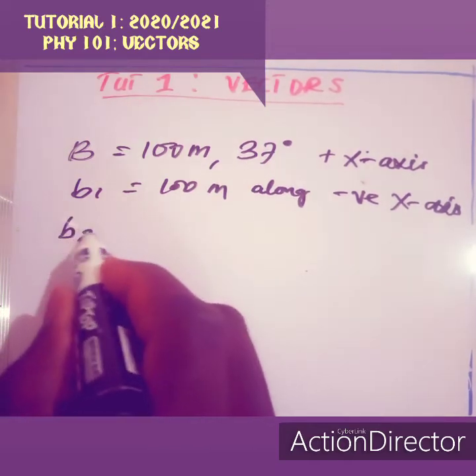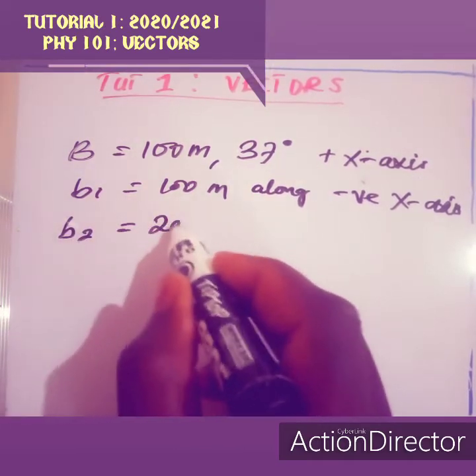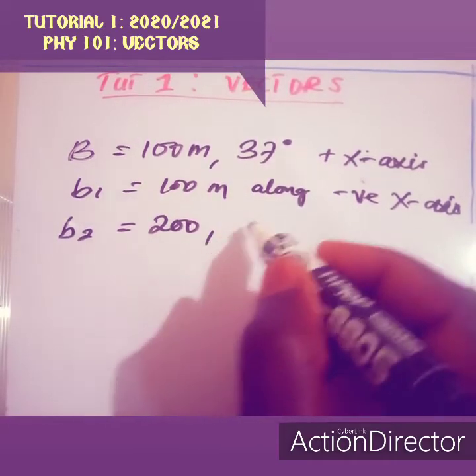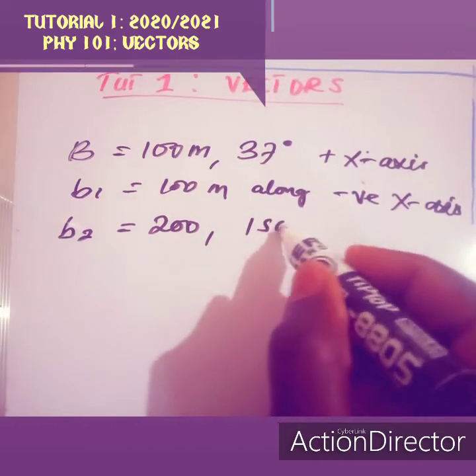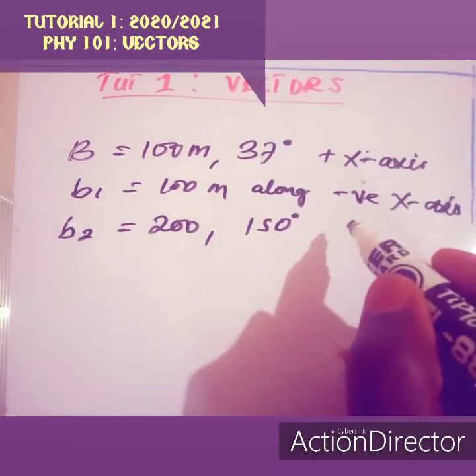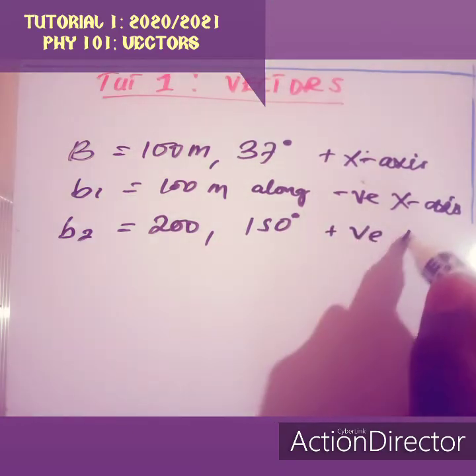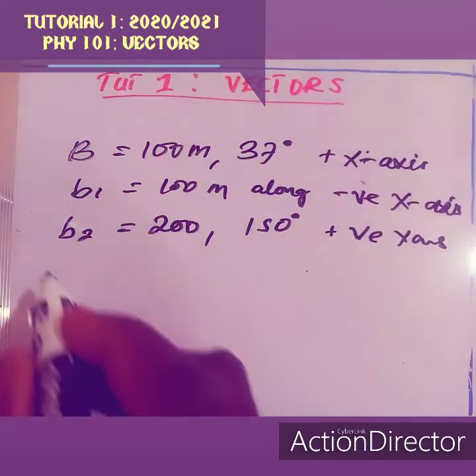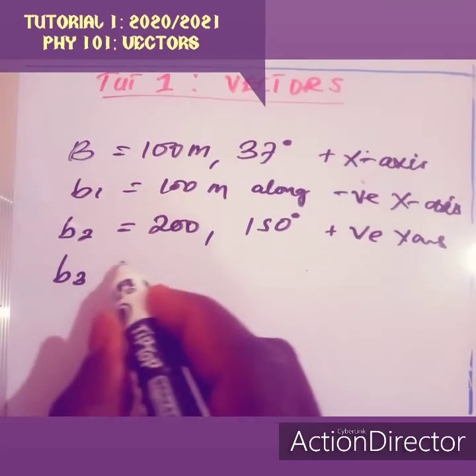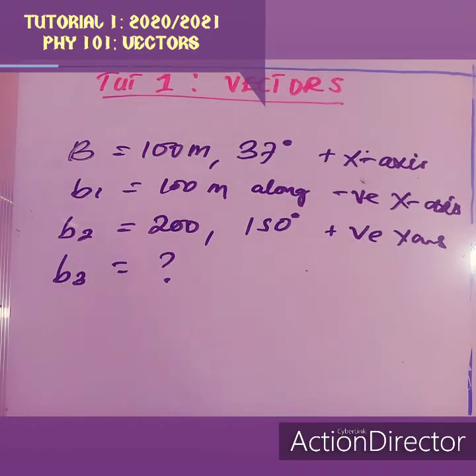Then B2 is equal to 200 meters at an angle of 150 degrees from the positive x-axis. And B3, which we don't know yet, we're yet to find.